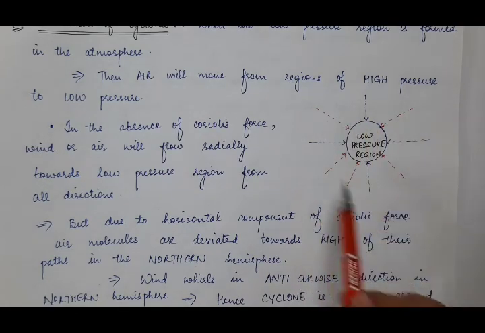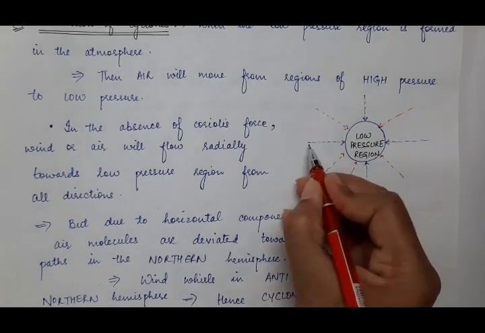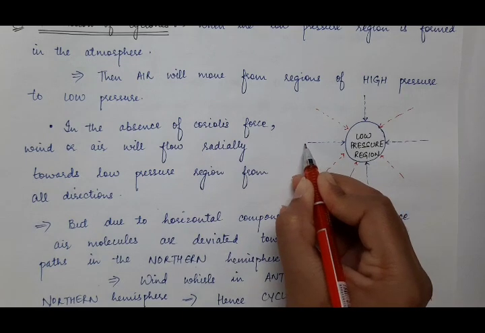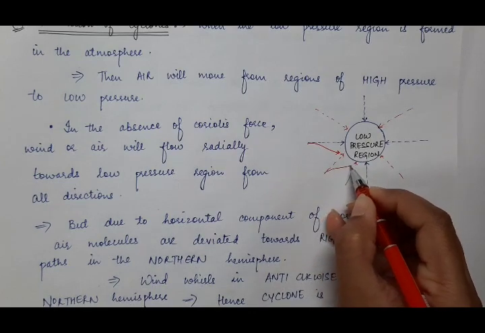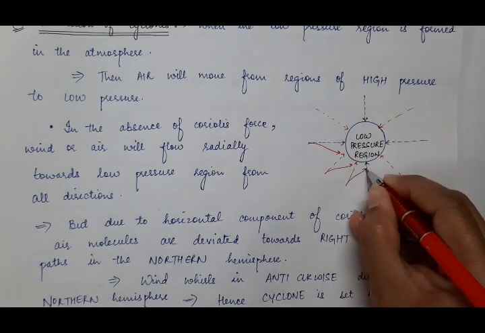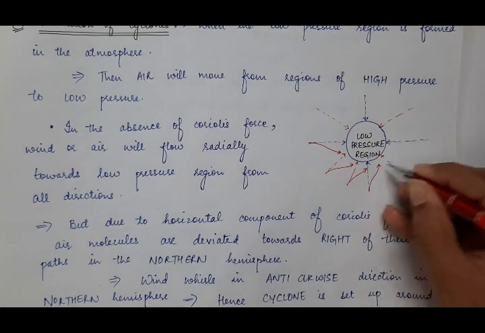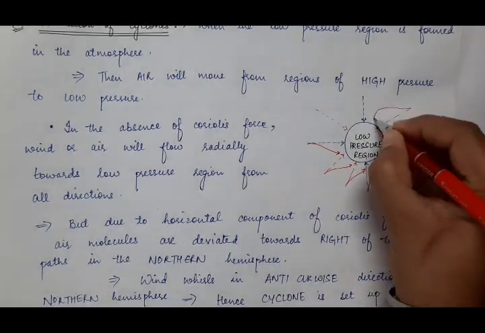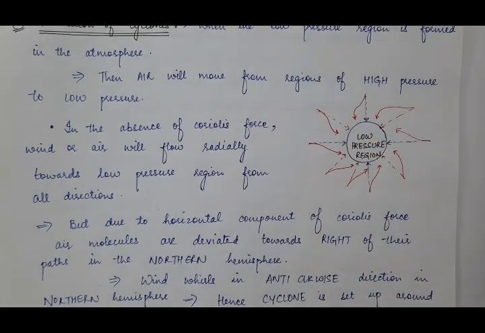So if this low pressure region is created in the northern hemisphere of the earth, then because of the horizontal component of Coriolis force, these air molecules will cover this path, all of them deviated towards the right of their path. In this way, the wind will start whirling and a cyclone will form.